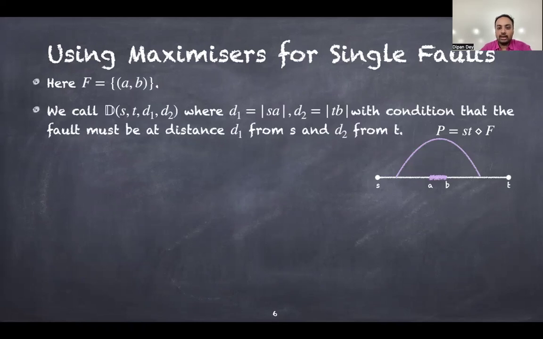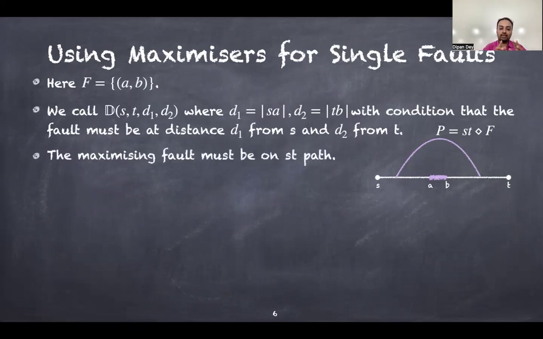In that case, we call the maximizer D(S,T,D1,D2), where D1 is the distance from S to A and D2 is the distance from T to B, with the condition that there should be only one fault, and the fault must be at a distance D1 from S and D2 from T. This fault will maximize the distance from S to T. That's why the maximizing fault should be on the ST path itself, because if it is not, then the shortest ST path is undisturbed, so that cannot maximize the distance from S to T.